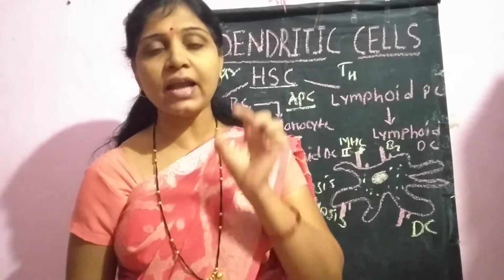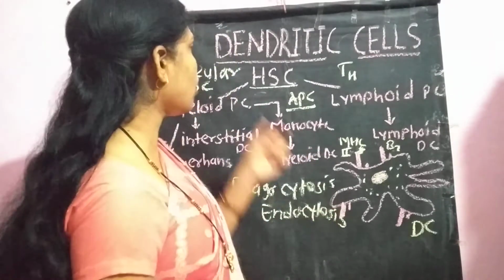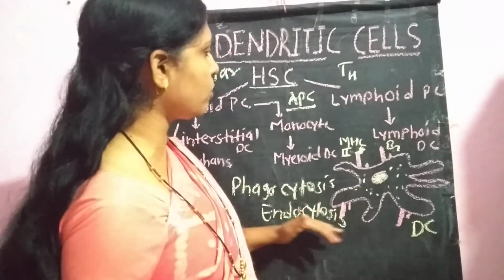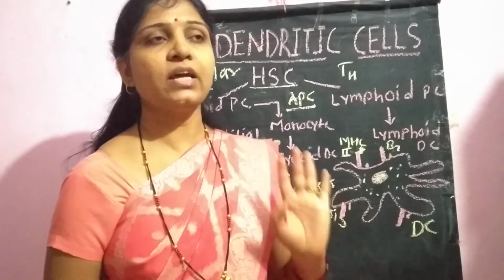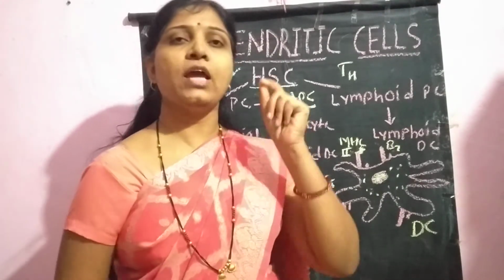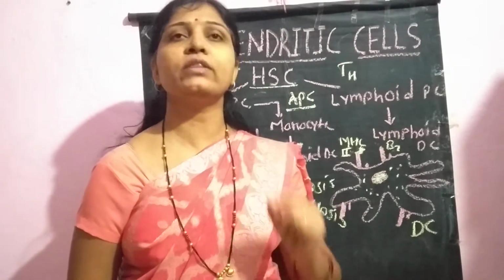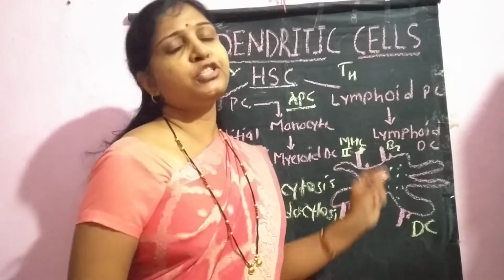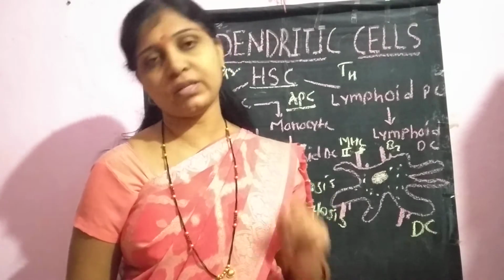But they have a different structure from the other types of dendritic cells: they do not present MHC class II molecules on their surfaces, so they can't act as antigen presenting cells for the T helper cells.